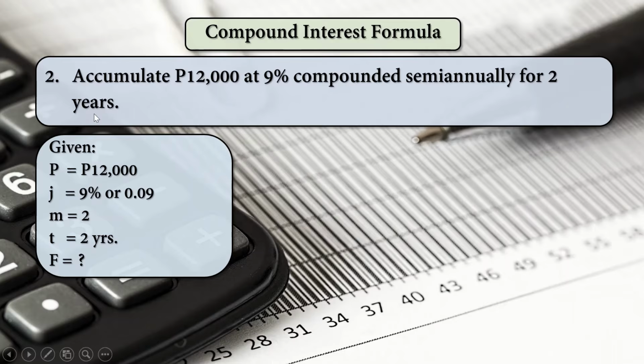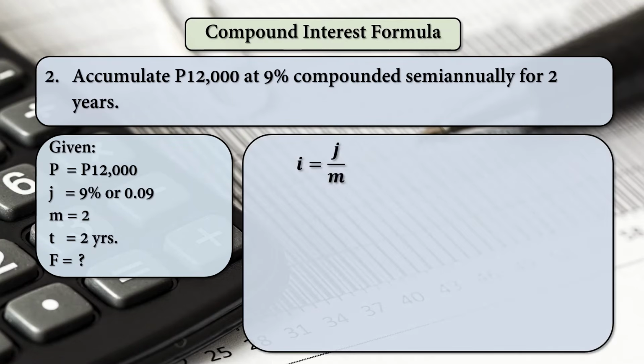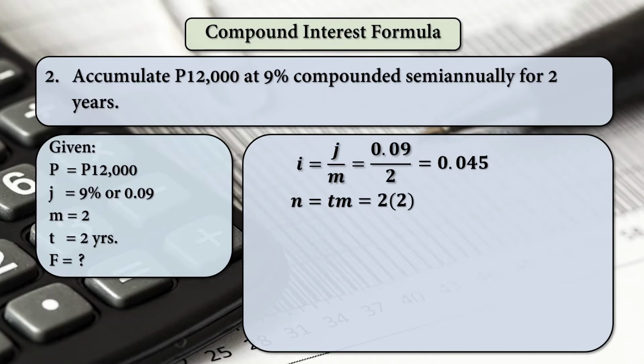That is our t. So using again the formula for i, given j and m, so j is 0.09 divided by 2, that is equal to 0.045. For n is equal to t times m, t is 2 times 2, our m, that is equal to 4.